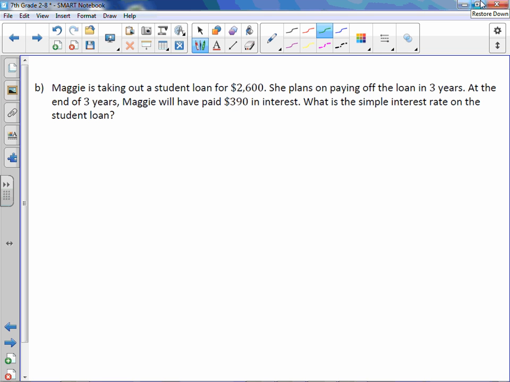Maggie is taking out a student loan for $2,600. She plans on paying off the loan in 3 years. At the end of 3 years, Maggie will have paid $390 in interest. What is the simple interest rate on the student loan? The principal is $2,600.